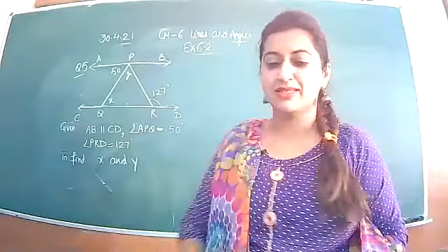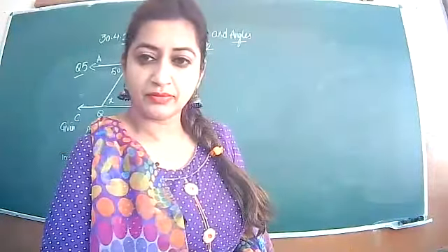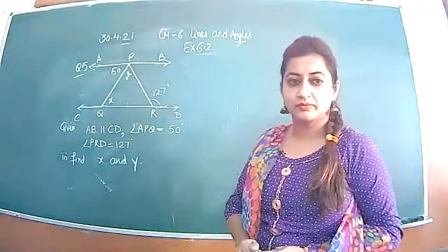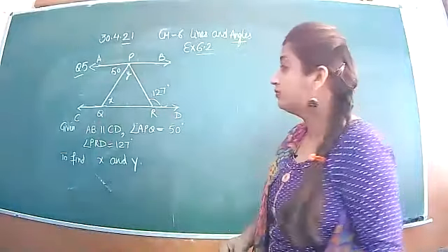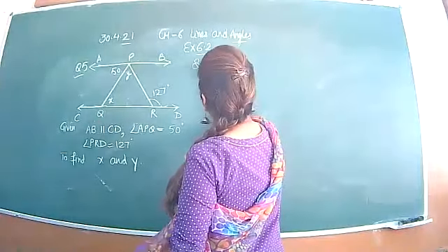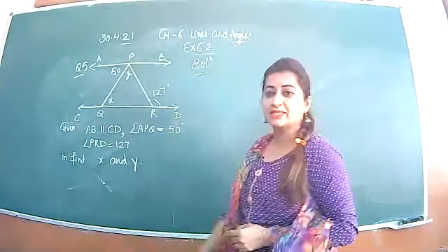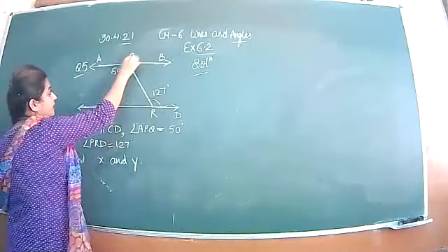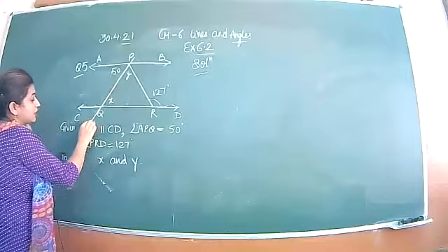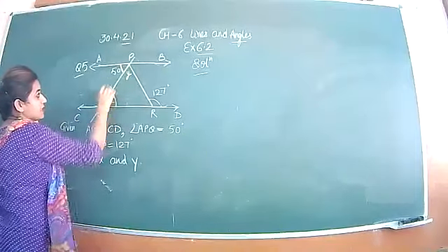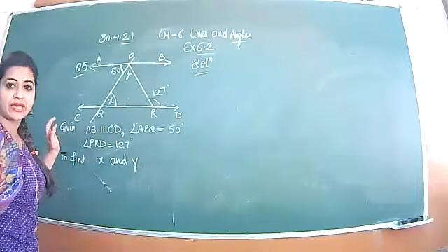And what about X? Yes, listen. As you can see that lines are parallel and this is a transversal. So can we say that this angle 50 is equal to X, alternate interior angle.